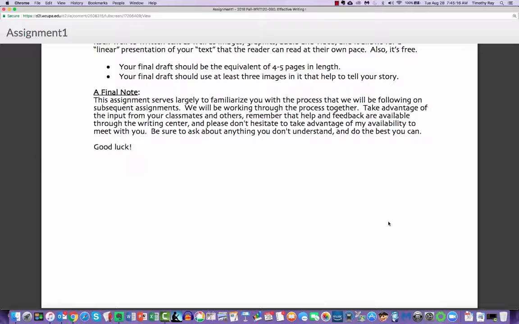But we will be going through a writing process that involves invention and pre-writing, brainstorming topics, engaging in what I call a discovery draft, working toward a rough draft, maybe an intermediate draft, a final draft. And so engage with the process, because you're being graded on the process work as well as the final draft.